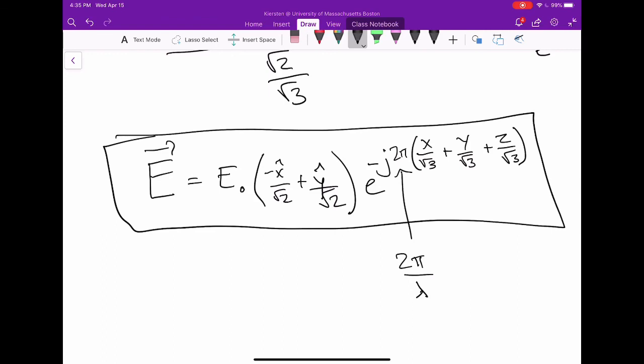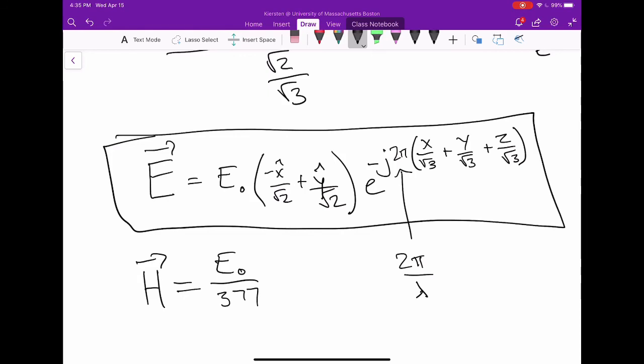If I want to know the magnetic field, I can say, well, the magnitude of the magnetic field is E naught over eta, and we know eta is 377, so we can put that in there. And the vector direction of the magnetic field is such that E cross H is in the propagation direction, so H cross the propagation direction should be in the E direction.